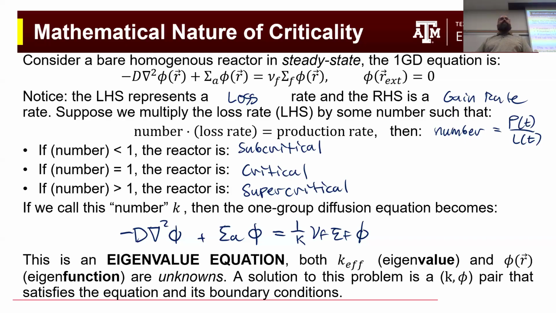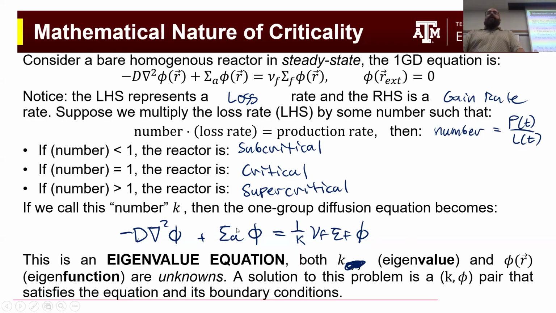This kind of equation is an eigenvalue equation. K is what we would call the eigenvalue, and phi is the eigenfunction. In this eigenvalue problem, there's only one K and phi pair that satisfies our equation and our boundary conditions.